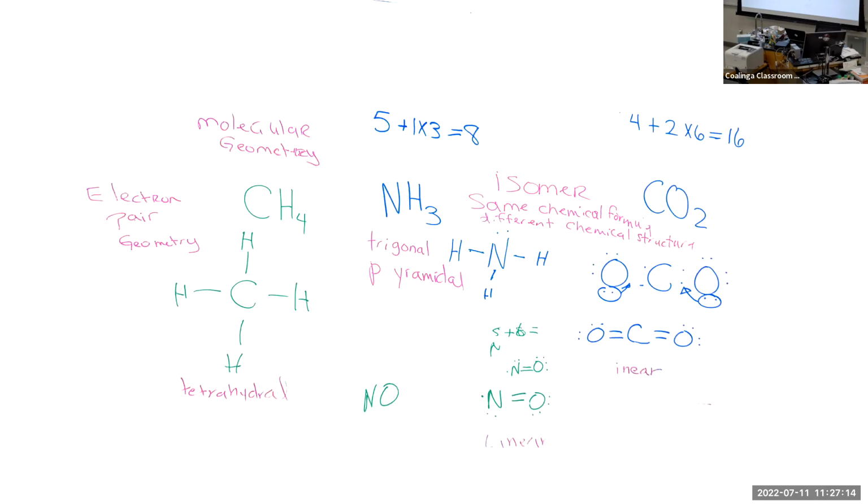So this here for ammonia, this would be for its molecular geometry, so we'll call it Mg, and we'll call this E. So its Mg would be trigonal pyramidal, but its electron pair geometry is going to be tetrahedral. Now, these are going to be linear for both, linear and linear.